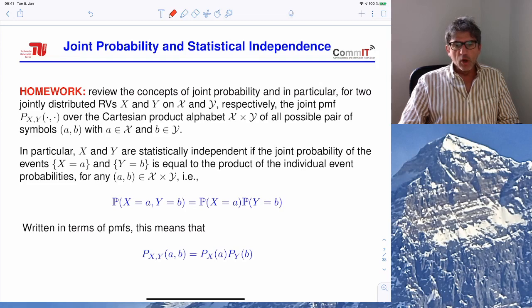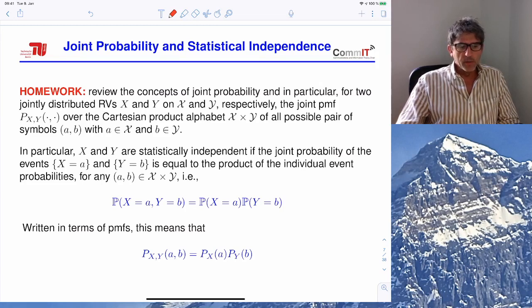So, a few more concepts in probability that we will use later on: joint probability and statistical independence. So again, homework: review this concept if you're not familiar with it. Now we consider more random variables defined on a common probability space.